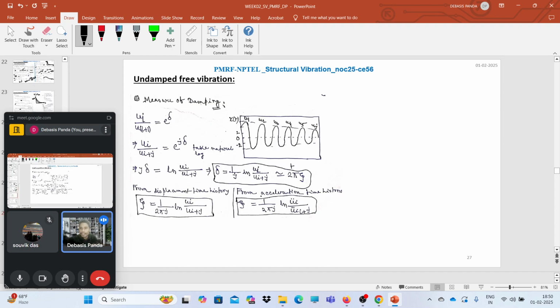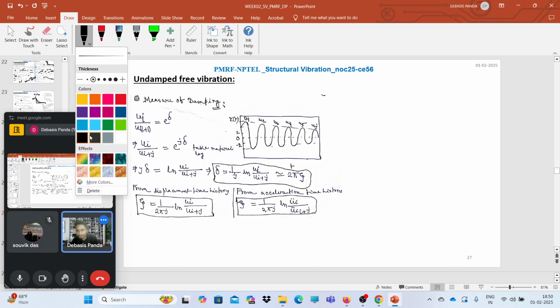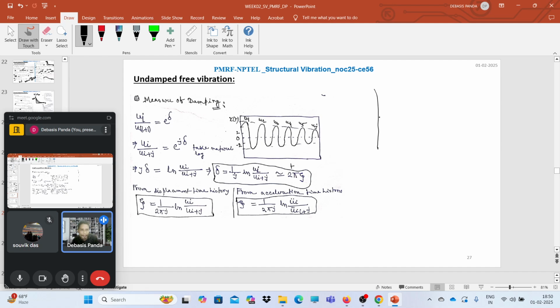Now, what I already said is that from the logarithmic decrement, we can also calculate the damping. So it's a measure of damping. Say, for example, we have done some free vibration test on a structure, and we have the displacement response or acceleration response over time, say x of t.